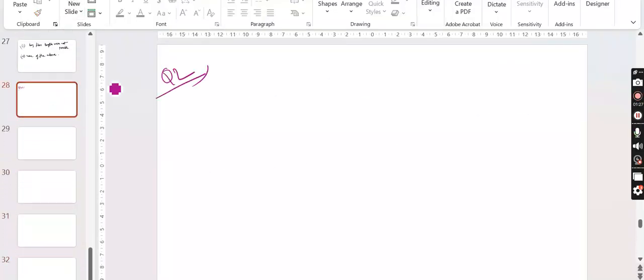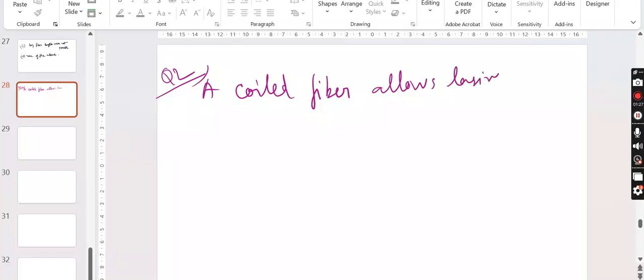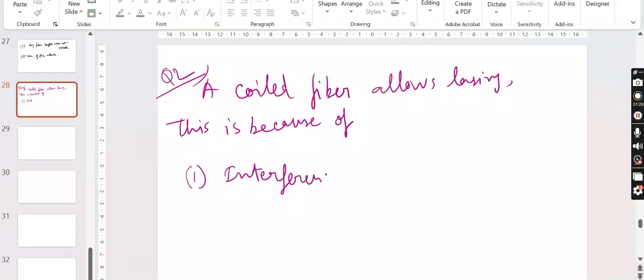Question number two is a coiled fiber lasing. Action effect.